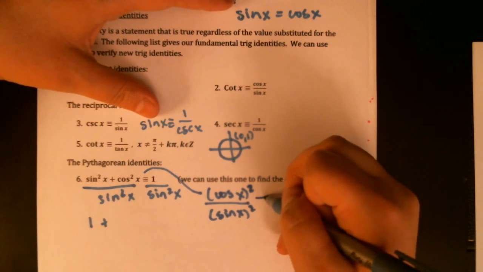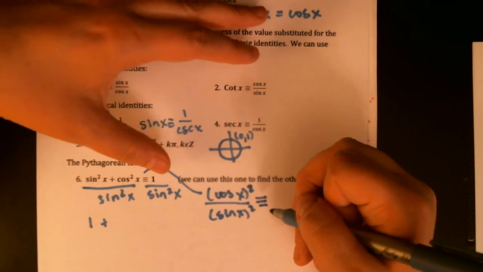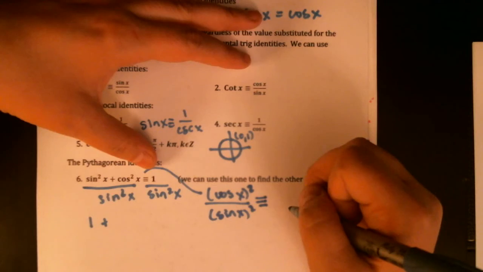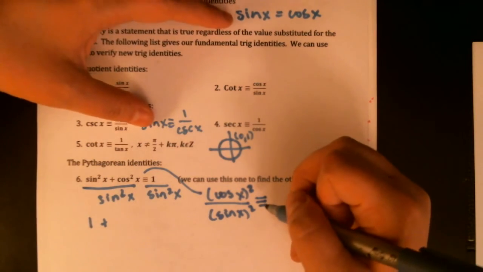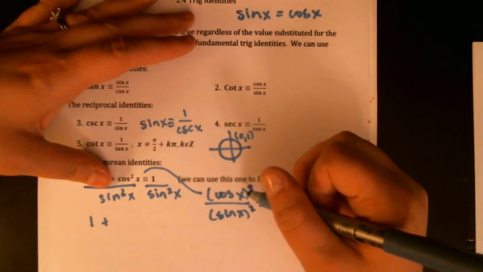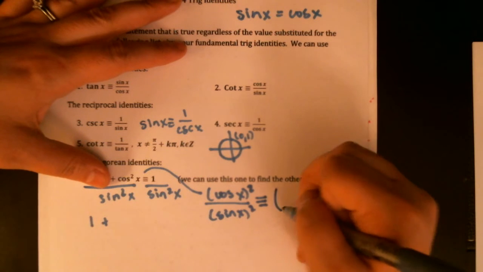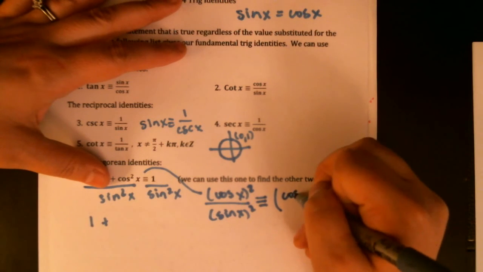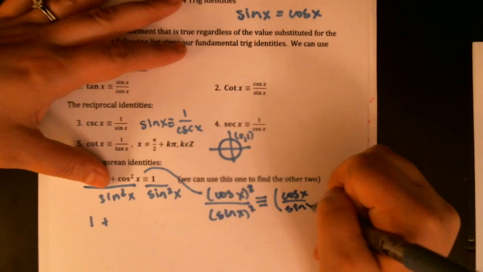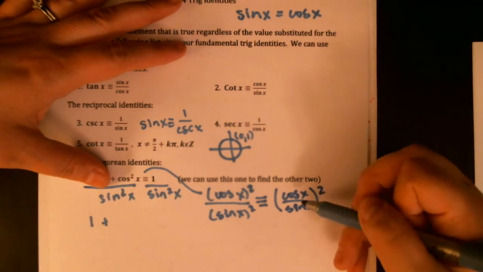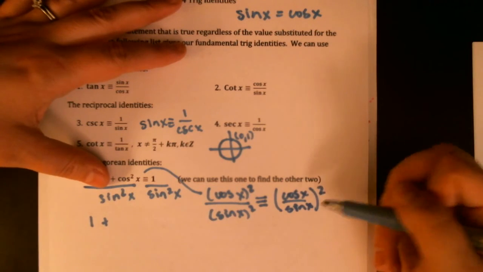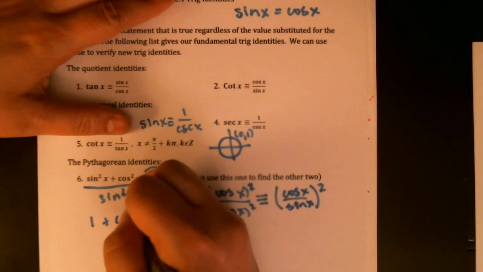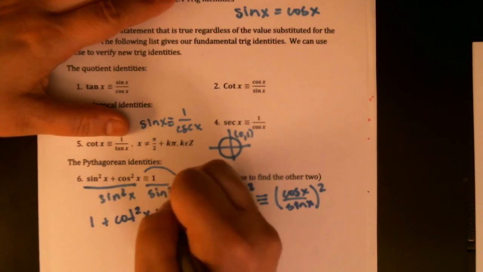Oh wait, sorry, I'm getting ahead of myself. So this is what I was working on, cosine squared over sine squared. This is exactly the same as having cosine x over sine x all squared, which is cotangent x squared. So this turns into cotangent squared x.